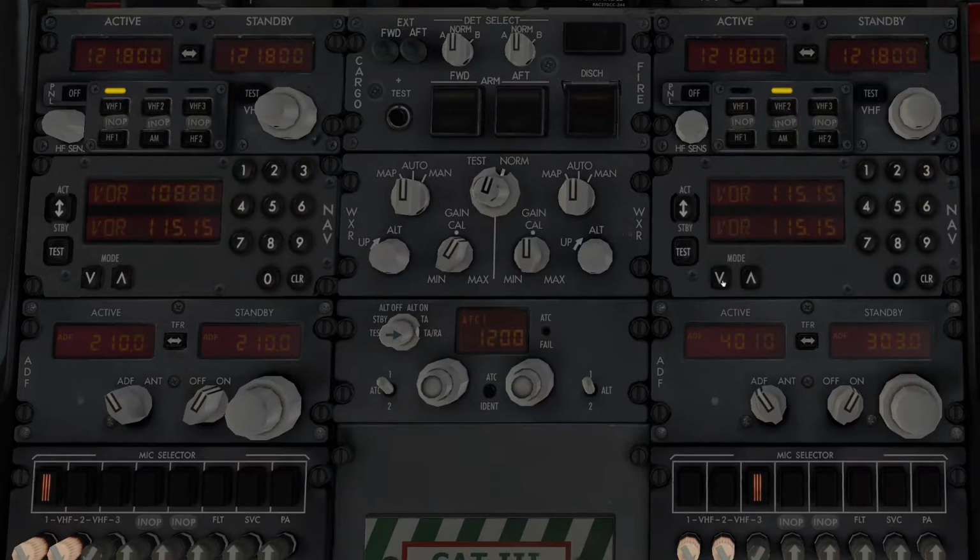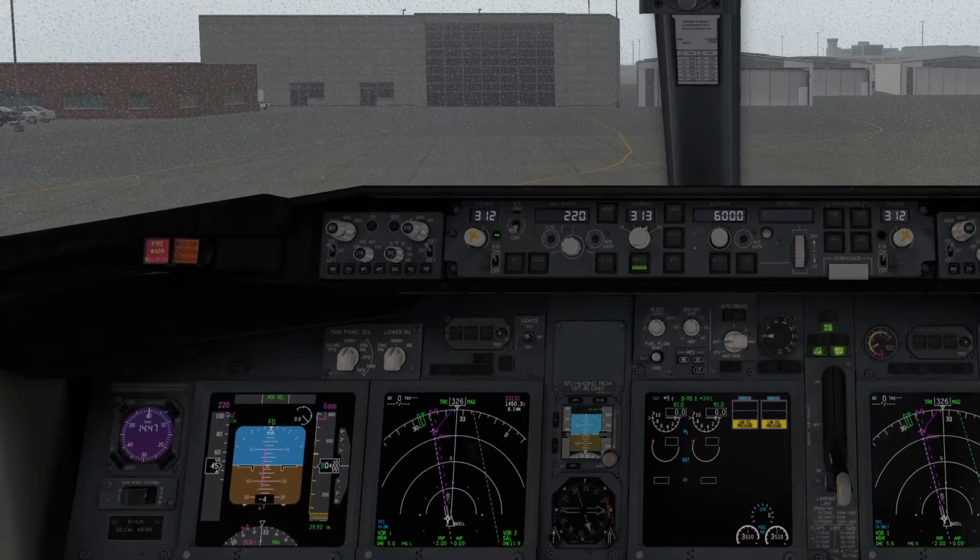And as secondary on the standby frequency of nav2, we can put the Mende VOR on 115.30. Okay, we have the Marseille and Salon de Provence tuned and receiving the signal.